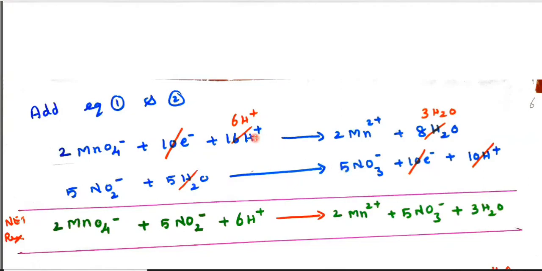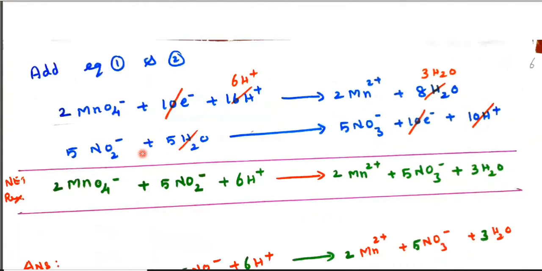If the same species are on opposite sides, we should cancel. So the 10 electrons on the reactant side and the 10 electrons on the product side cancel. Of 16H plus on the reactant side and 10H plus on the product side, we cancel to leave 6H plus. Of 5H2O on the reactant side and 8H2O on the product side, cancelling gives 3H2O.